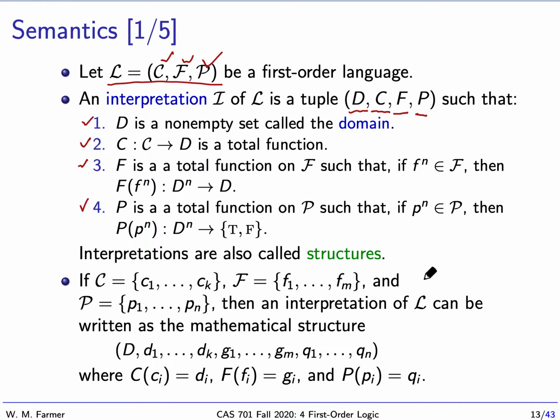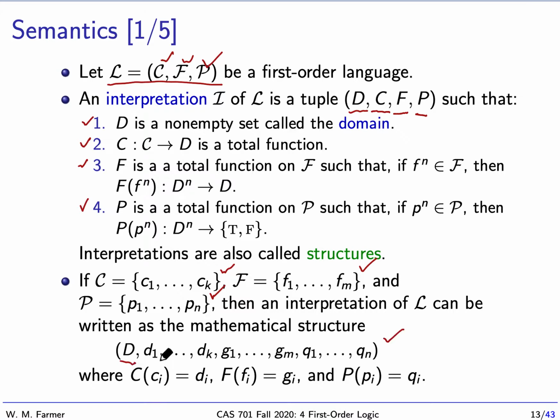So interpretations are also called structures, because an interpretation is really a mathematical structure plus a mapping from the symbols of a language to that structure. So it's a structure plus a mapping. And we can see this easily if script C, script F, and script P are all finite. Then we can say the mathematical structure is what we have here.